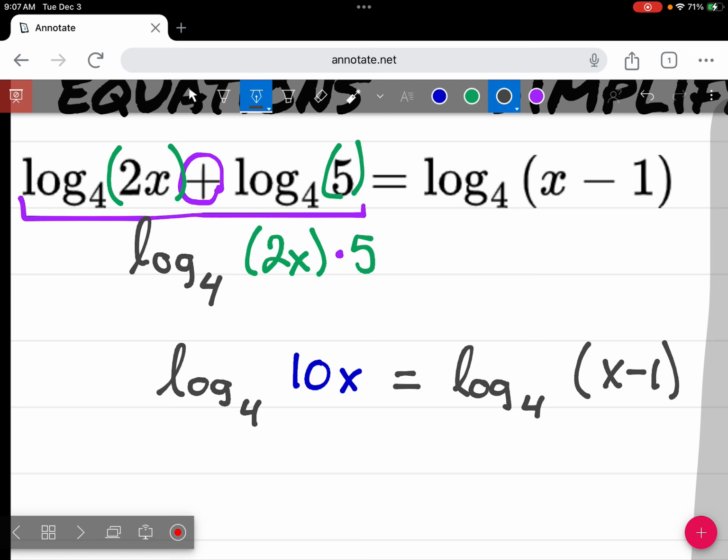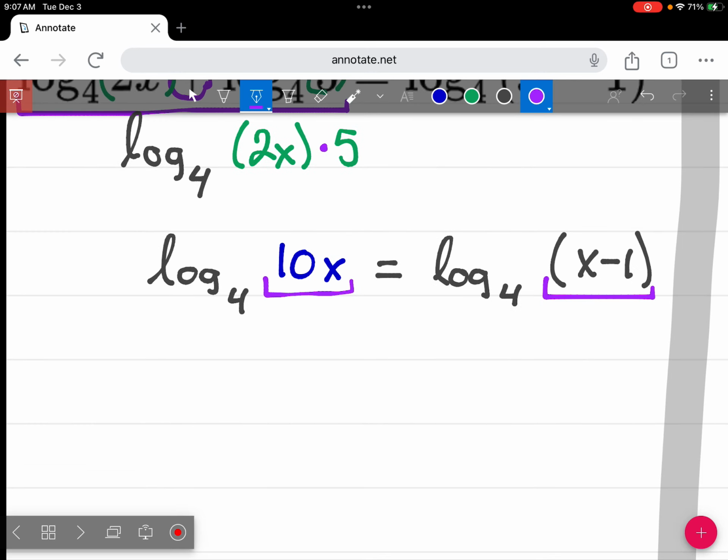Now what can we do? I want to know when this chunk is the same as this chunk. My 10x equals my x minus 1. So I can just put those 2 pieces next to each other in our equation. 10x equals x minus 1. I want to know when those 2 arguments are the same.